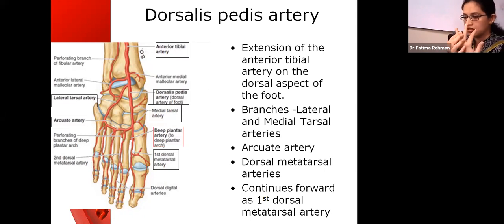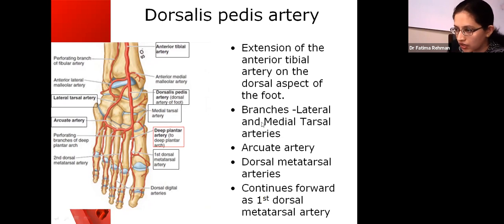Suppose this is the dorsum of the foot and this is a digit, then they run on either side of each of the digits, and in this way they form the dorsal arterial arch. Okay, so with that we have finished the dorsal arterial arch. Is it clear to all of you?